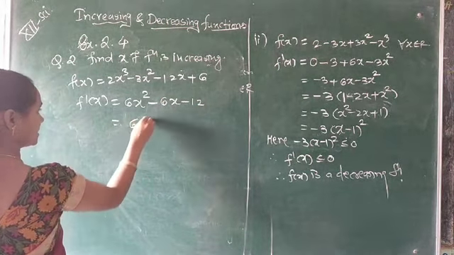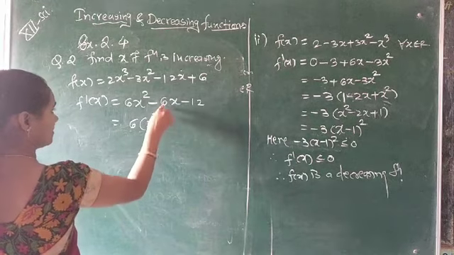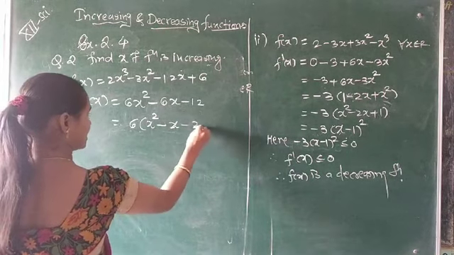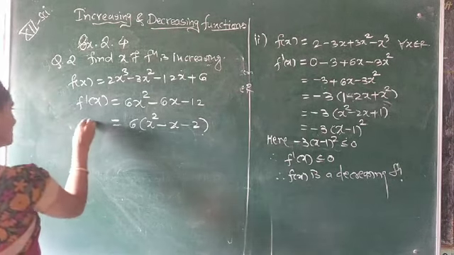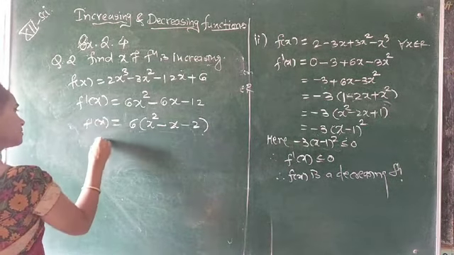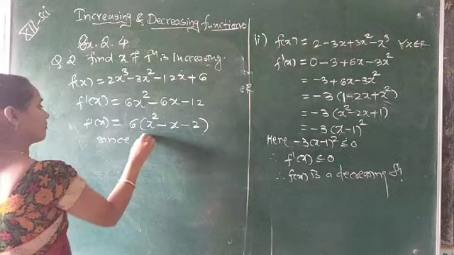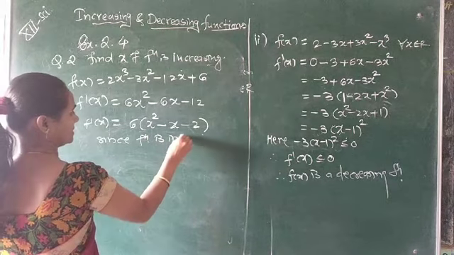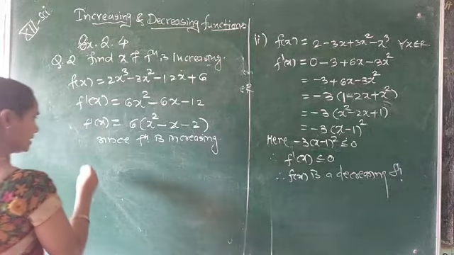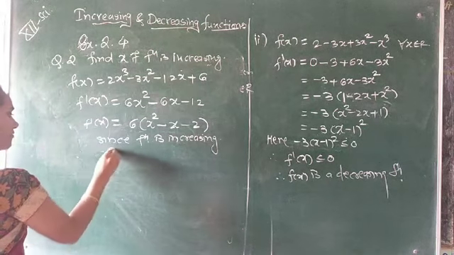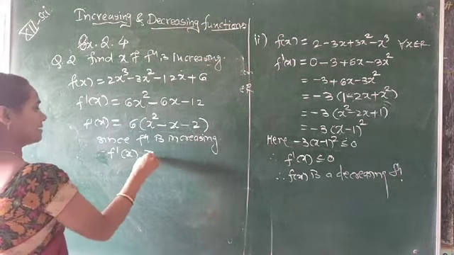From this we take 6 common: x square minus x minus 2. So here we will get two factors. Since the function is increasing, therefore f dash of x is greater than 0.